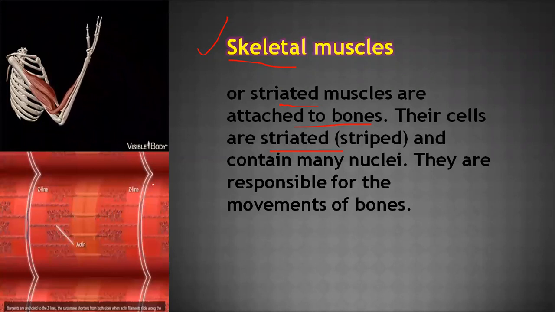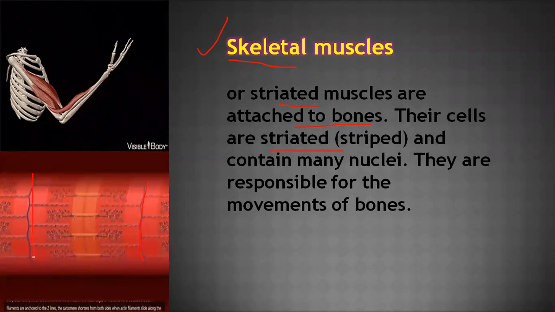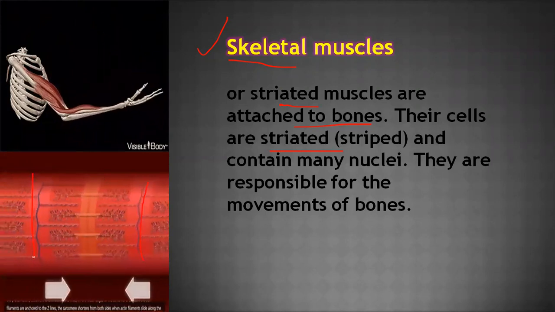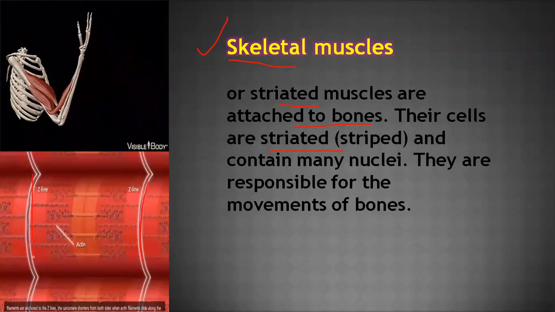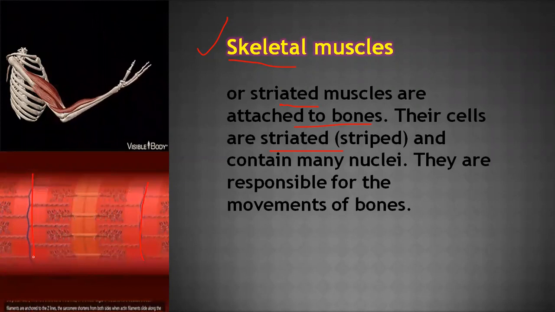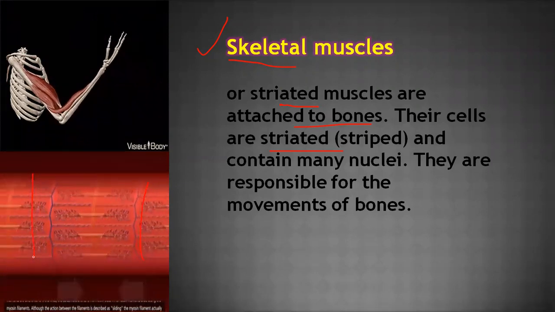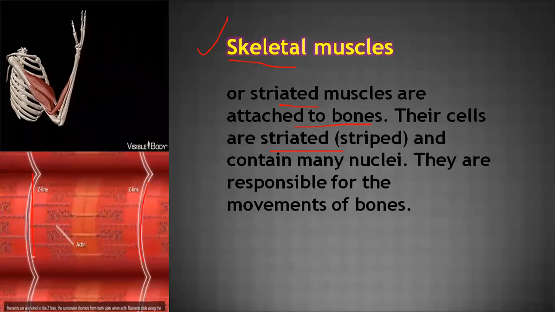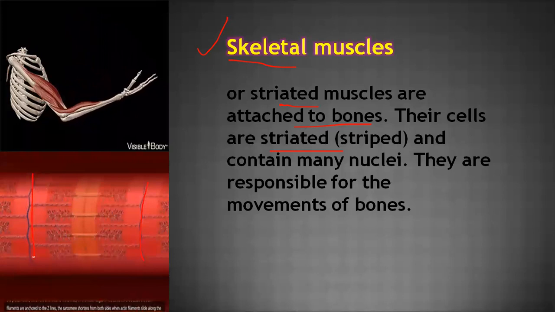You can see these lines, these lines, these lines. They are seen when we look deeply in the microscope. So from these lines we can say that these muscles are having striations like stripes. They appear as striped muscles.